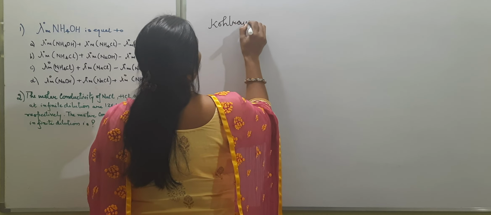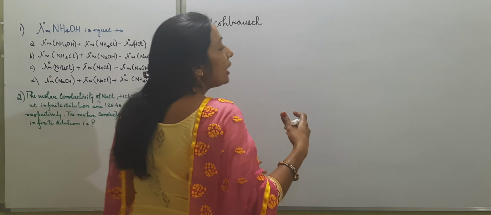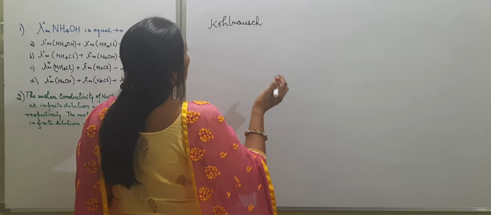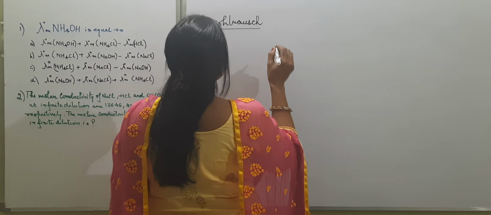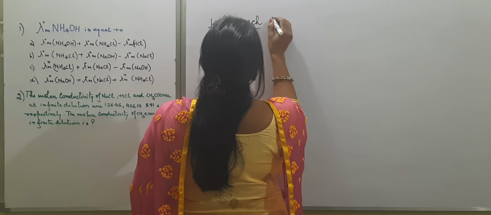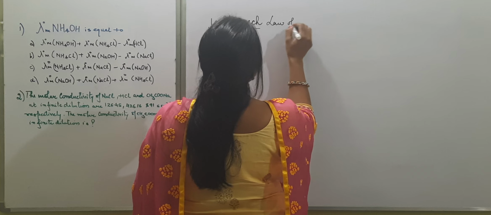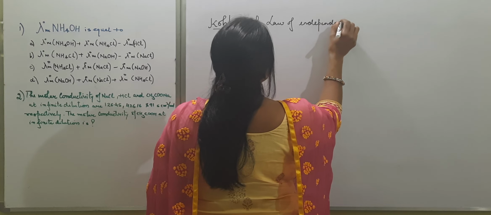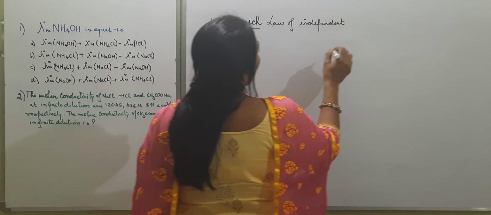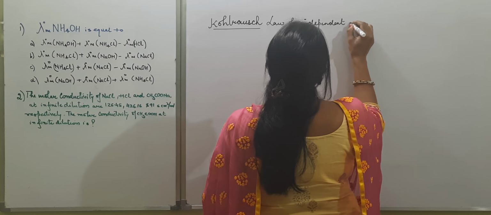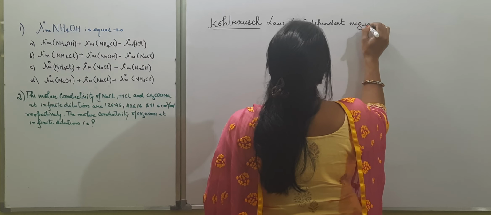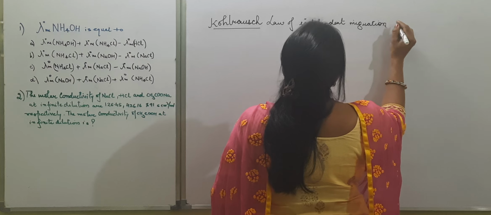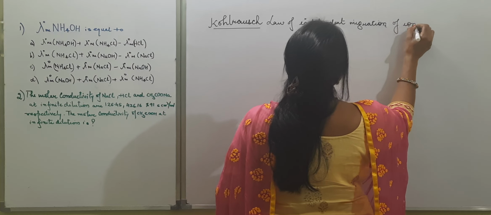Kohlrausch law, which is one of the topics of the unit electrochemistry, class 12th. Kohlrausch law of independent migration of ions.